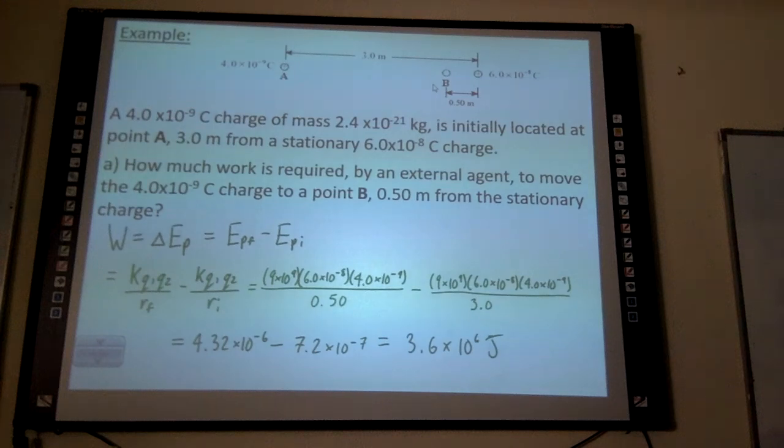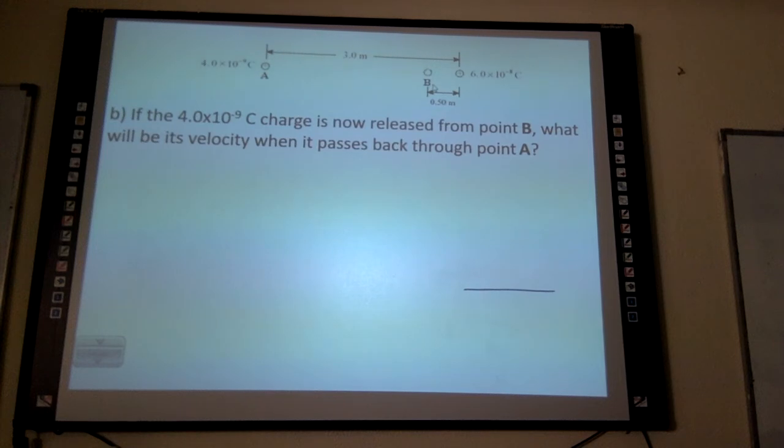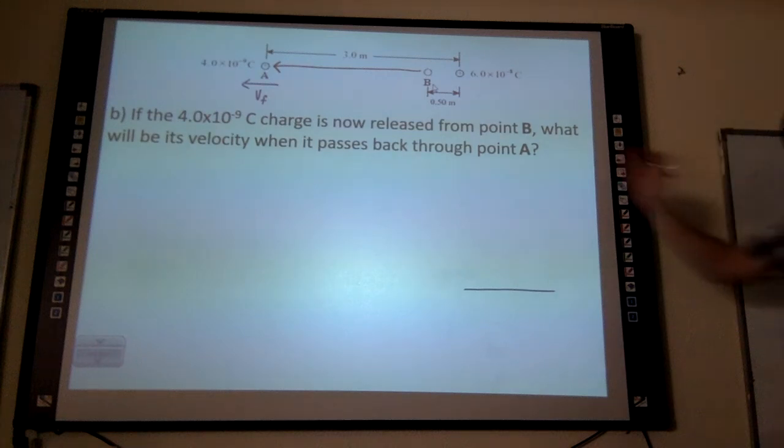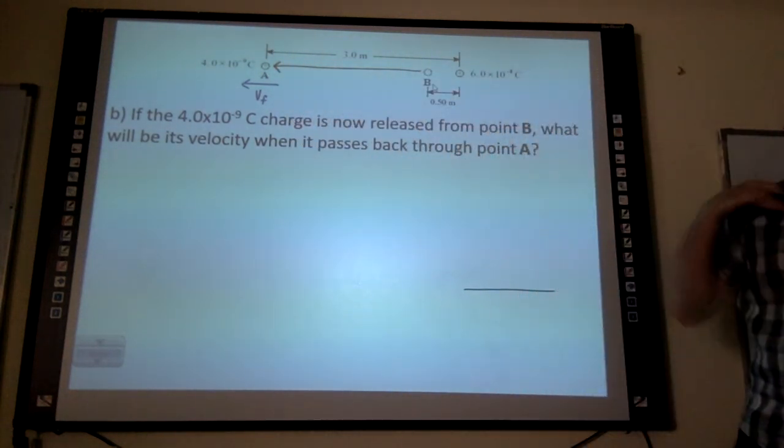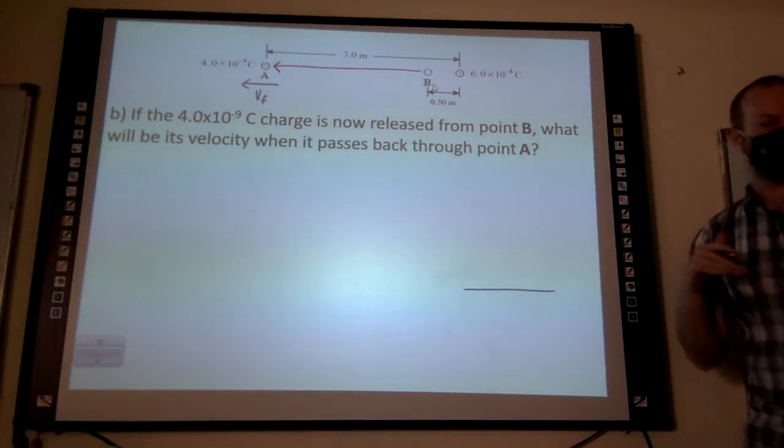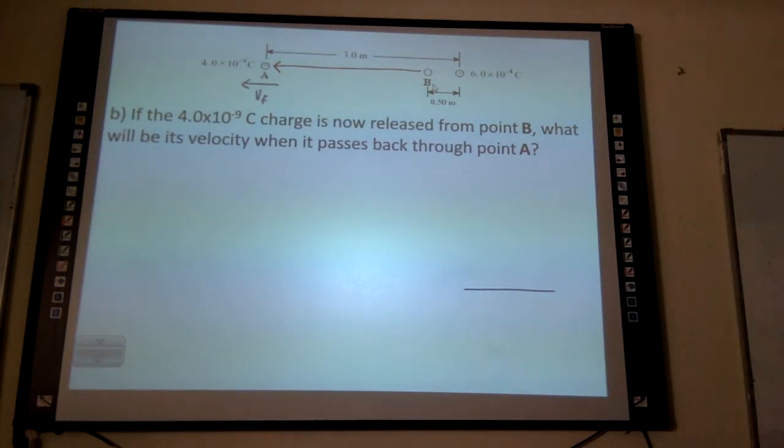So I've solved for the change in potential energy. Like I said, we're now going to release it and see what's going to happen. The amount of work done going from A to B is going to be the exact same as letting go at B and then moving back to A. Because I'm now taking the potential energy that you gained from this. Remember, with potential energy, if you reverse the action, you get that energy back, because it's a conservative force that's acting.